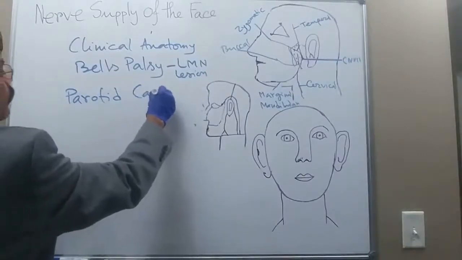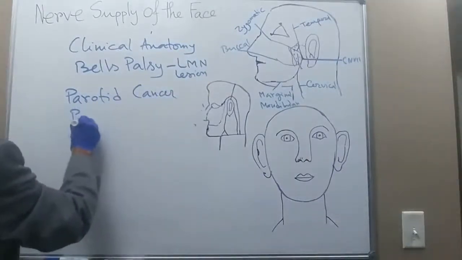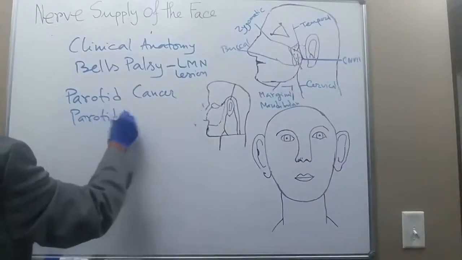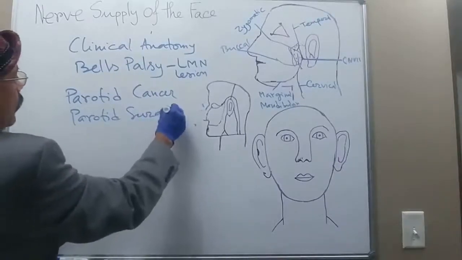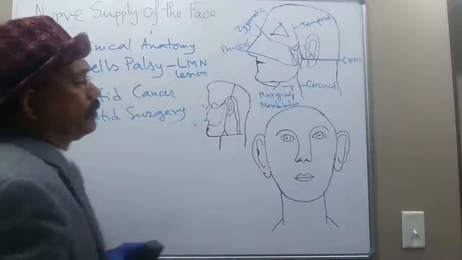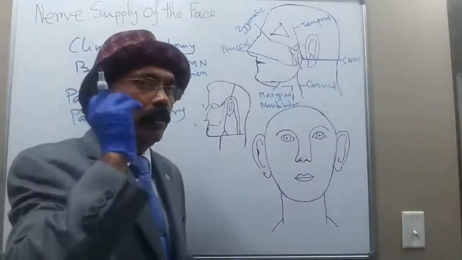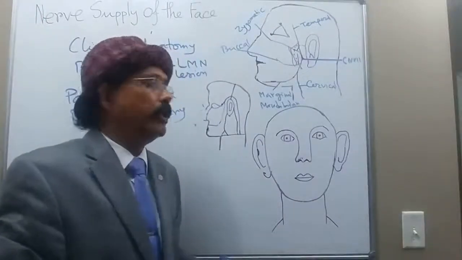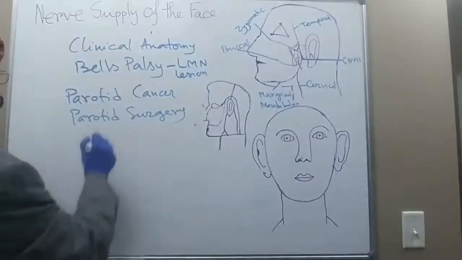Suppose parotid cancer or parotid surgery, that may cause a lower motor neuron lesion to the particular nerve branches which are damaged.